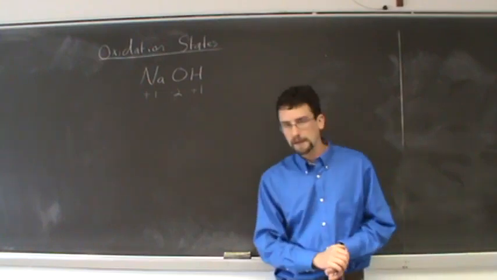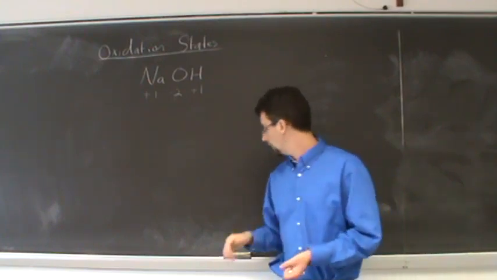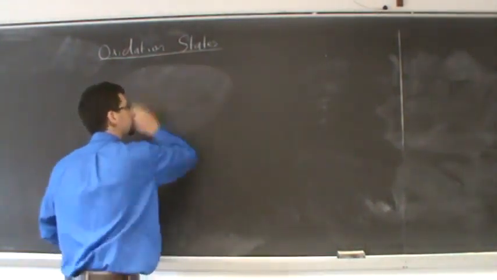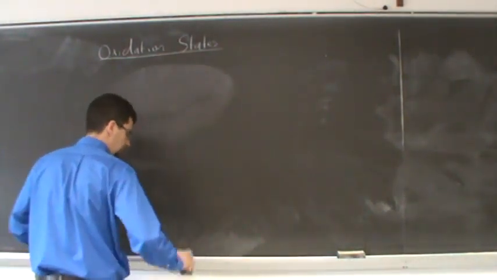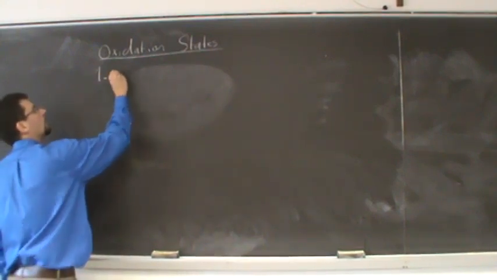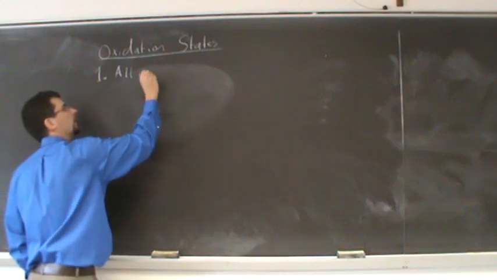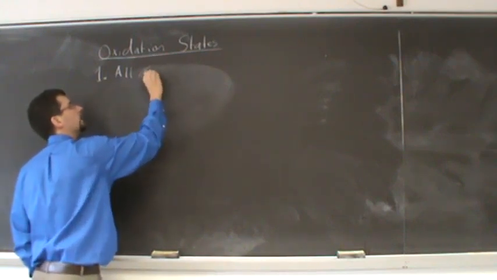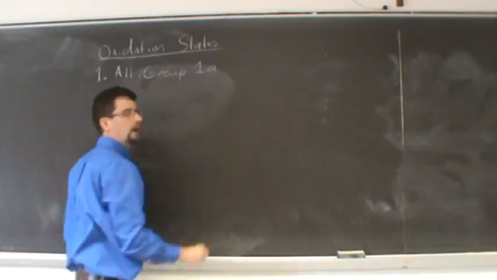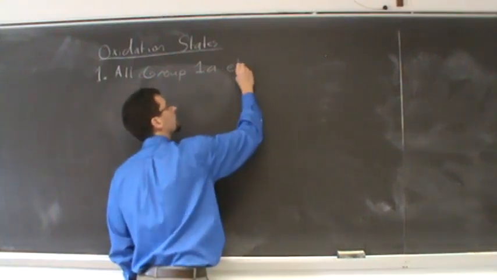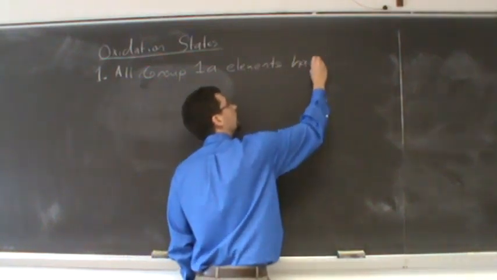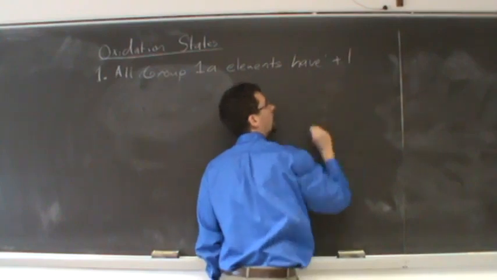Now, how did I know the oxidation states of these? Well, that you can figure out from a short list of rules, or oxidation state rules. So the very first rule is all group 1A elements have a +1 oxidation state.